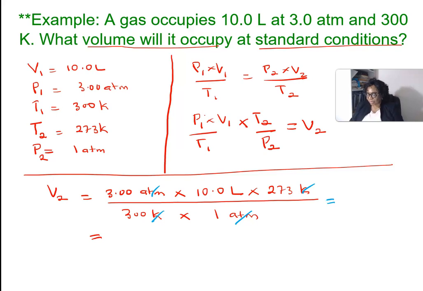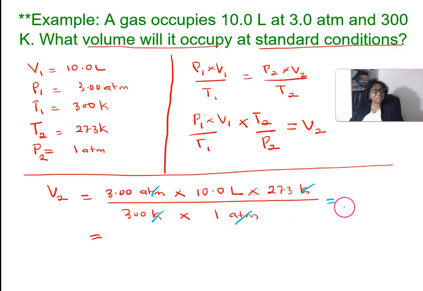So volume is correct. So now 3 times 10 times 273 divided by 300.